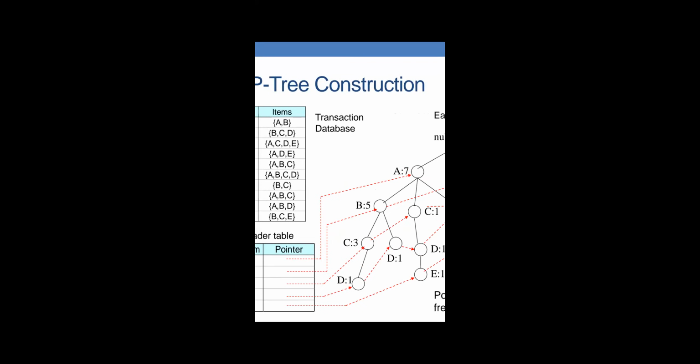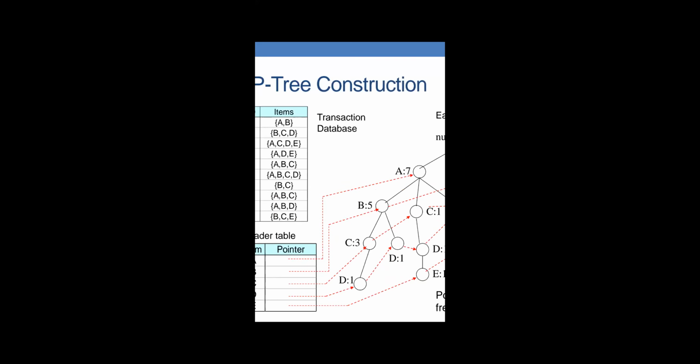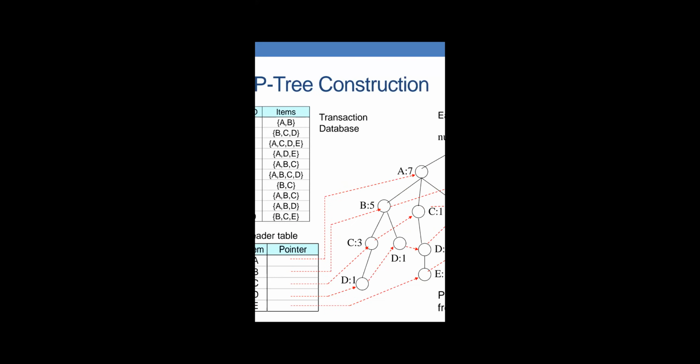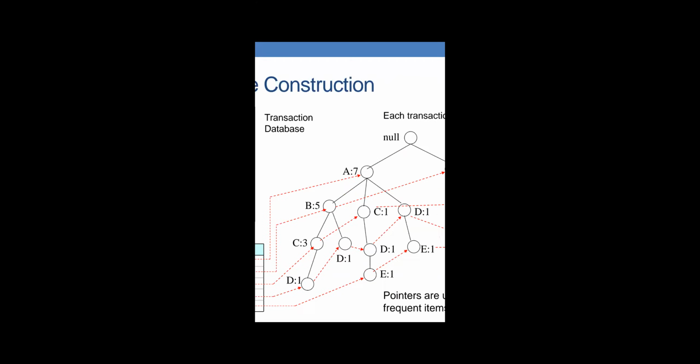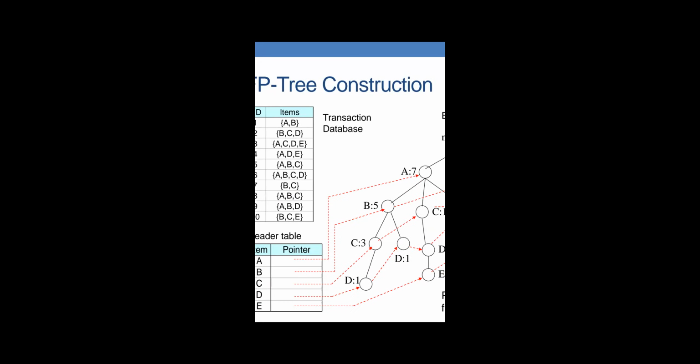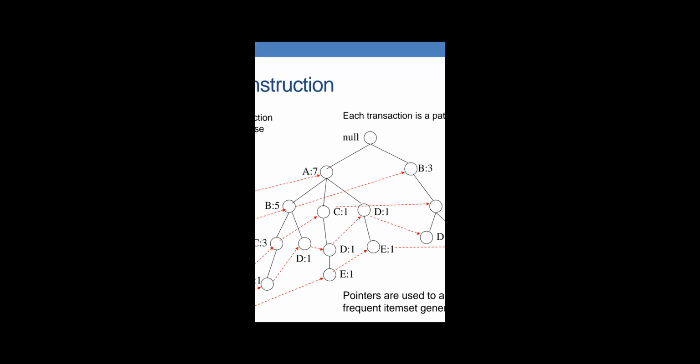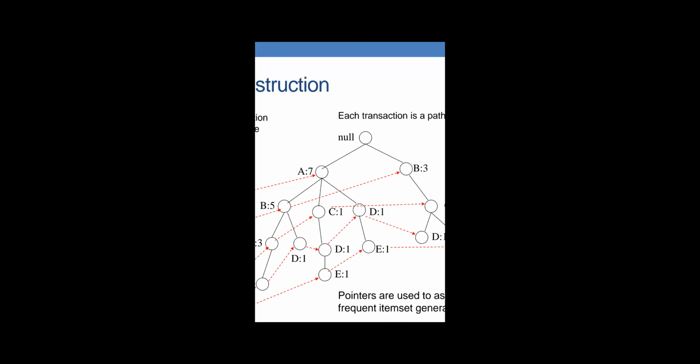Next, what about B that we have to represent? How many times do we have to repeat B here? B here and B here, 2, 3, 4, 5, 6, 7, 8. So here we have two B's represented. One B you have to represent with 5. The other B you have to represent with BC.